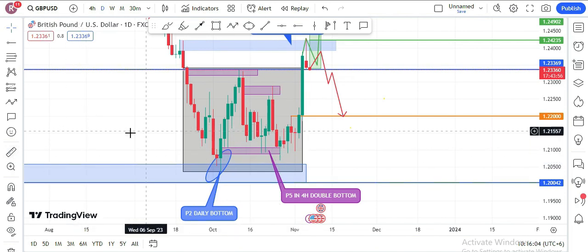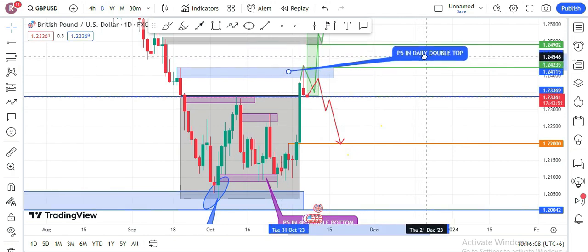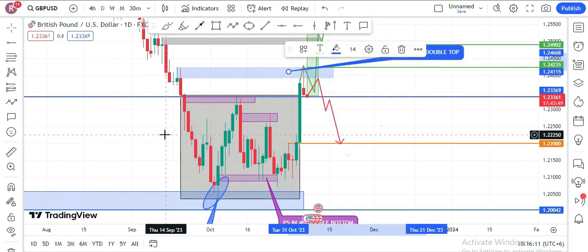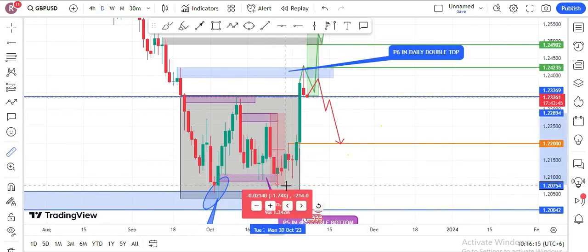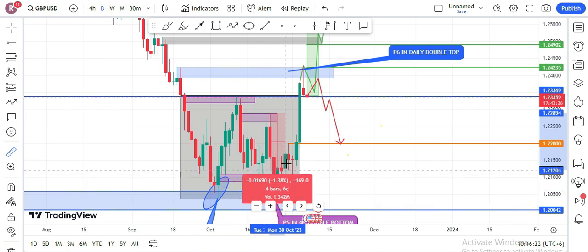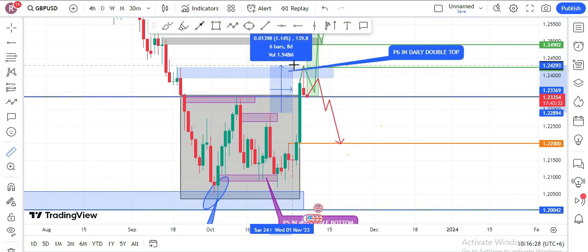If we measure the range here, the range is from here to here, which is 200, give and take 18 pips, and the market shot up if we go up to 141.